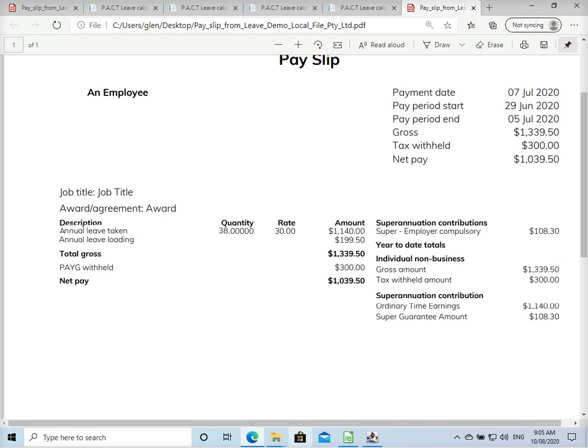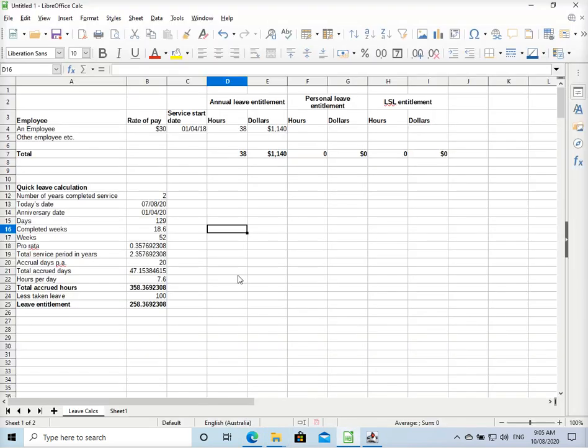So over here, I've got a bit of a spreadsheet. I'd probably point out a couple of things. At the end of each year, you probably want to do a spreadsheet to say for each employee, how much of each type of leave they've got, when they started working, and the hours entitlement and the dollars entitlement.